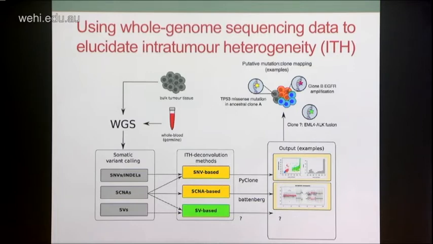And this could be important in the context of finding particular biomarkers or looking at particular mutations that might give resistance. So at the moment, there's not much available here, and this is the gap that we're trying to fill.